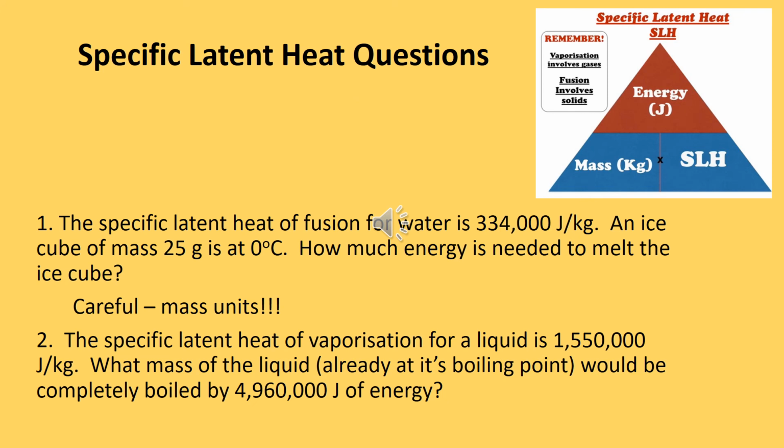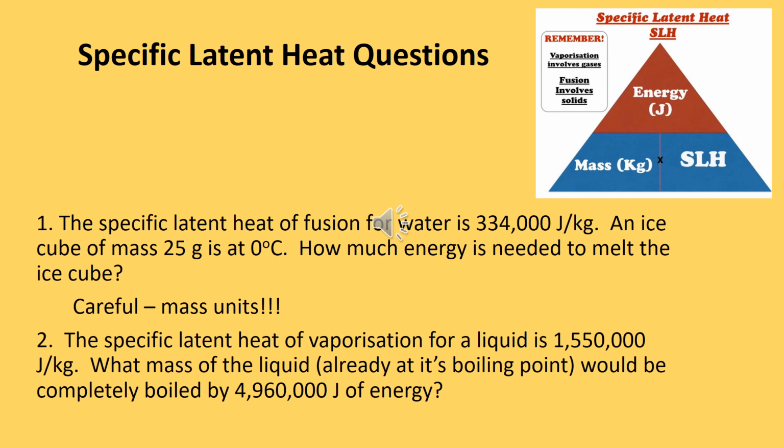These are two questions for you to practice using the specific latent heat equation. Make sure you lay them out in the method that I showed you previously, which is formula, substitute, calculate.